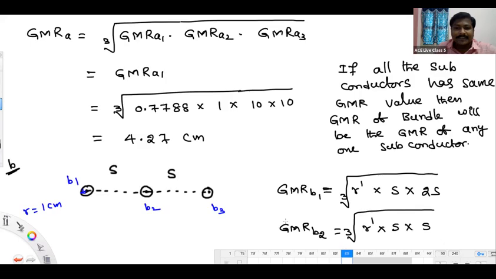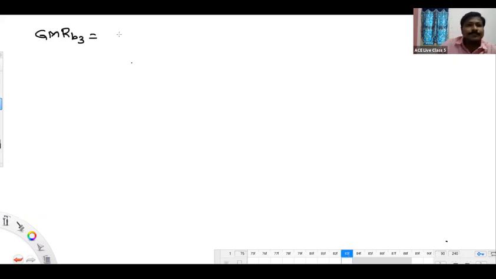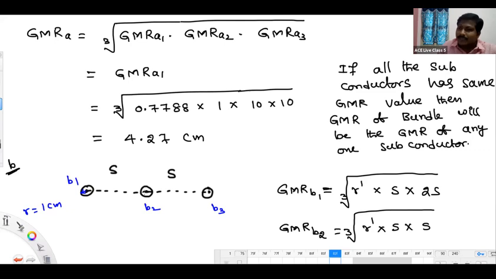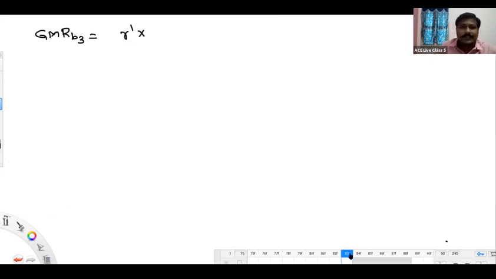First, the self term of B3 is R dash. Then B3 to B2 is S, and B3 to B1 is 2S. You have 3 terms, so it is the cube root of R dash into S into 2S.